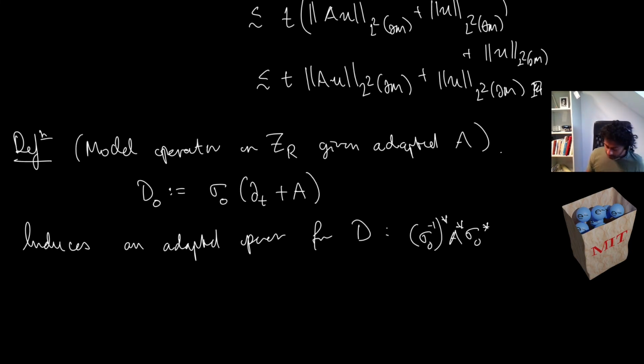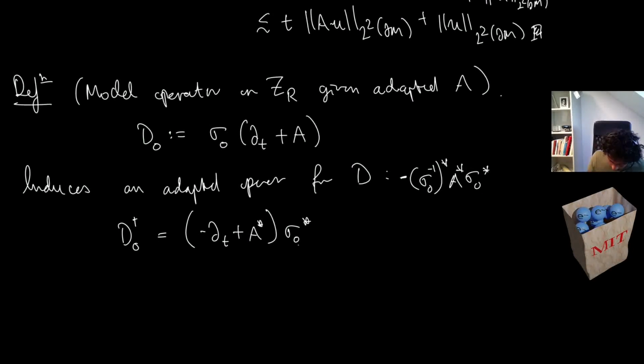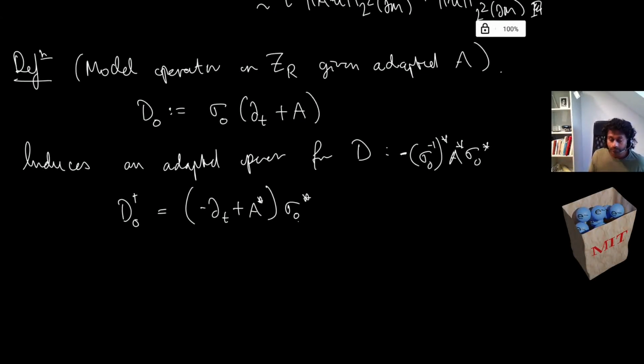Sorry, there's a negative sign here too. So this is going to be an adapted operator for D. So why does this happen? If we take D formal adjoint, well then this is going to be equal to negative dt plus A star, and the adjoint here.